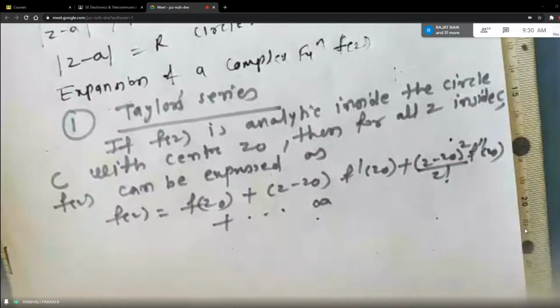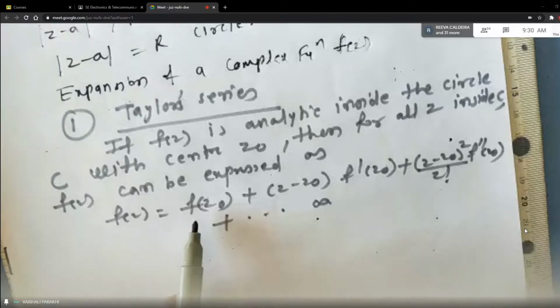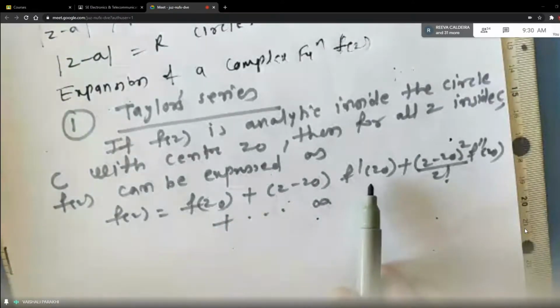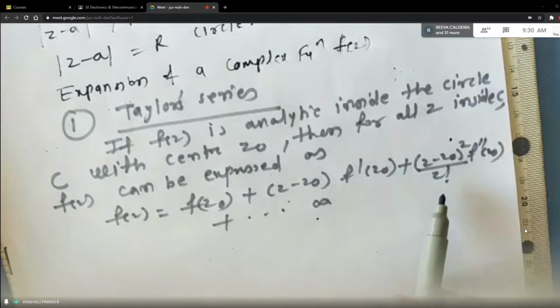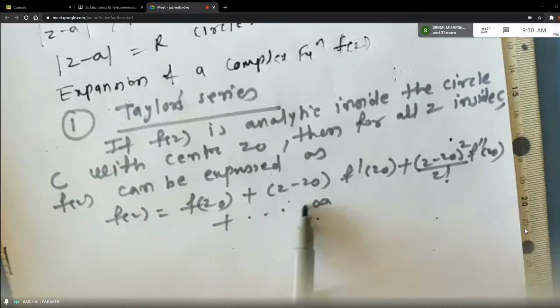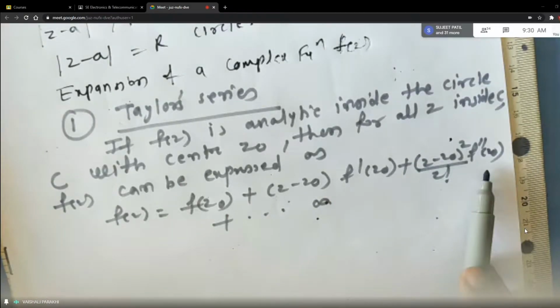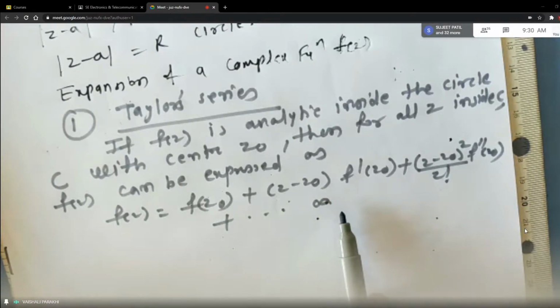You have learned this series in terms of x, like f of x is equal to f of h plus x minus a f dash of h plus x minus a the whole square by 2 factorial f double dash of h, and so on. One more type is f of x plus h is equal to f of x plus x minus a into f dash of x plus x minus a the whole square by 2 factorial f double dash of x, and so on up to infinity.